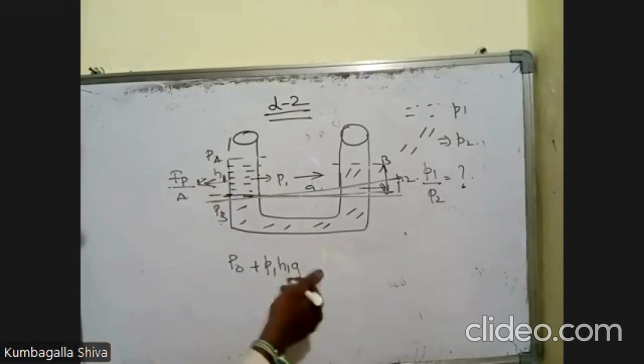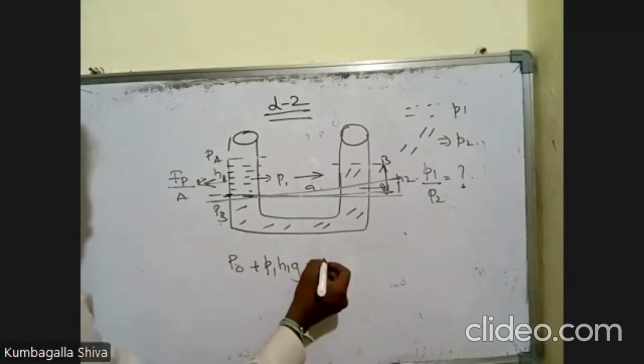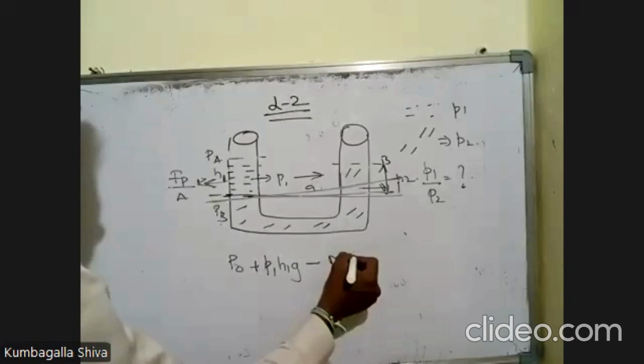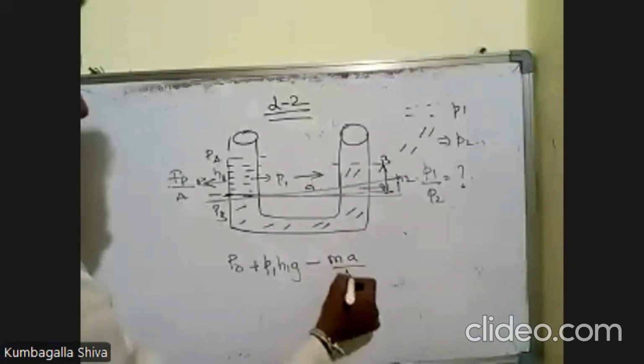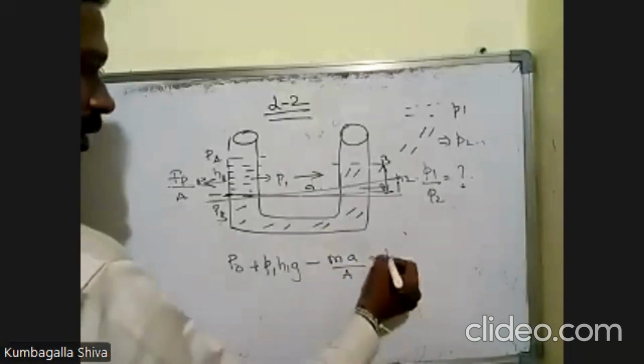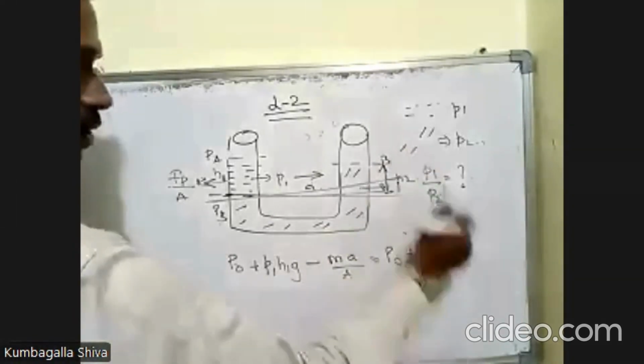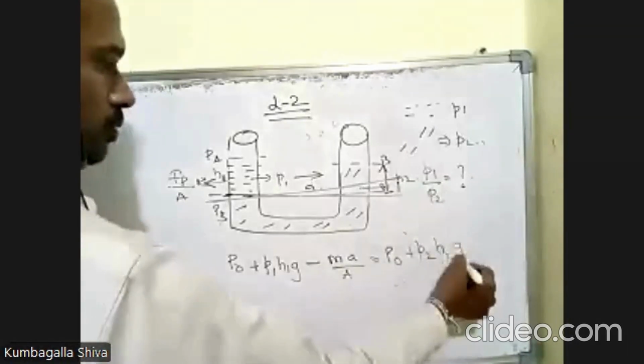So in this side you should write the pseudo force Fp by A, that is mass into acceleration by A, is equal to the pressure at that side, that is P naught plus density 2 H2. This is the height of the column H2, into G.